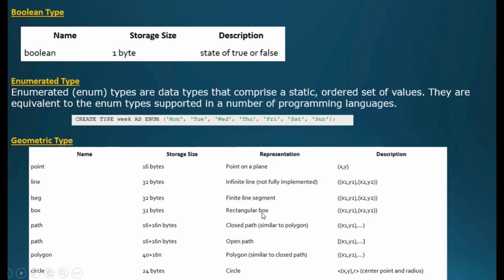And the next one is Boolean type, as we are already aware, either true or false, like 0 or 1. And next one is enumerated type. It stores the predefined values, for example days of the week like Monday to Sunday. And next one is the geometric types.